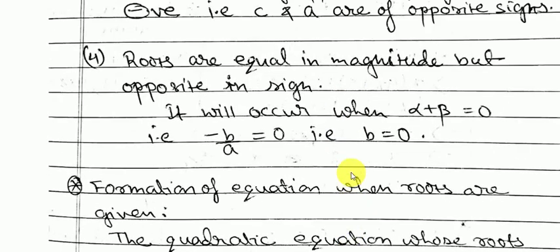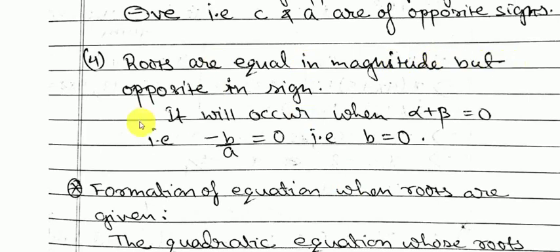Next, roots are equal in magnitude but opposite in sign. When will this happen? When the roots are numerically equal but opposite in sign, b is equal to 0. If b is equal to 0, in that case we will get that.